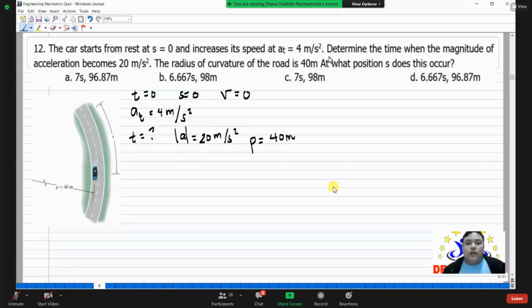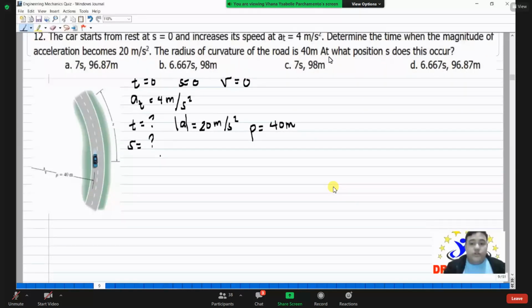So at what position does this S occur? So at time T equal to a certain time, hahanapin rin natin yung position niya. Okay. So here, ang ating pinaka-given lang dito is yung tangential acceleration.